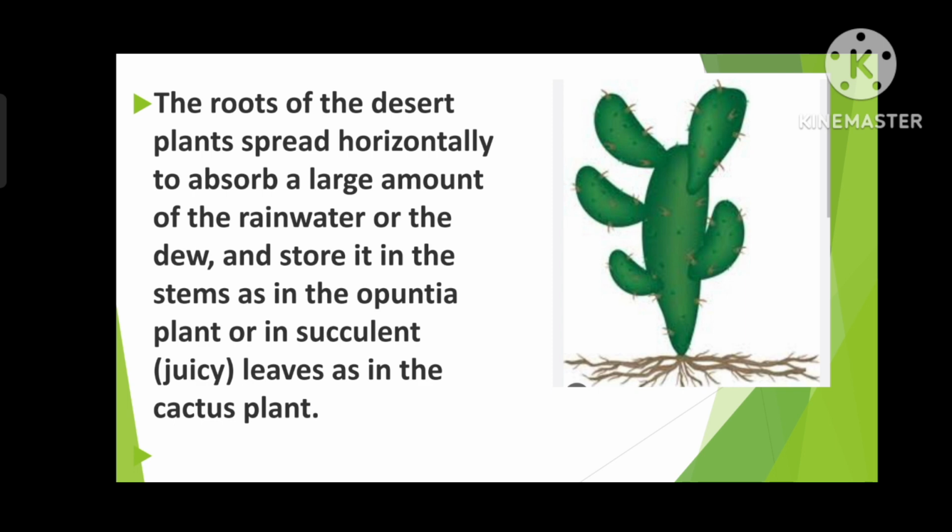The roots also spread horizontally to absorb a large amount of rainwater or dew and store it in the stems, as in the Epitia plant, or in succulent juicy leaves, as in the cactus plant.